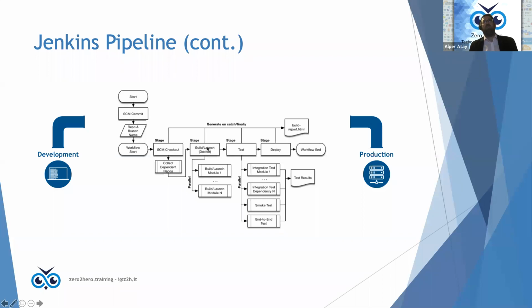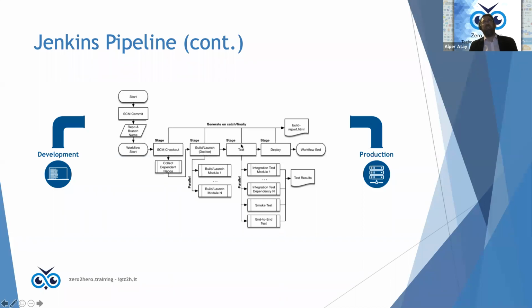And then we are going to the build and launch stage. So at this stage, we are building our Docker container, and then we are building our code as well, our modules. So after every module is compiled and ready to be launched and packed to the Docker container, we are going to the next stage.